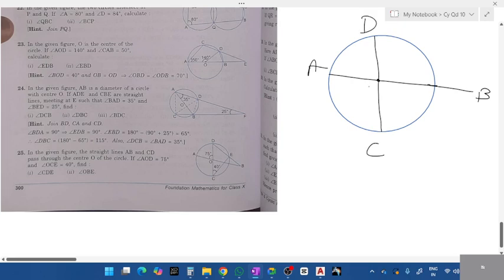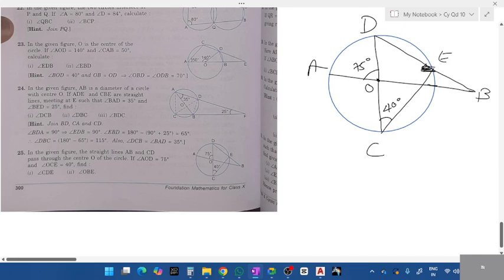If a straight line passes through the center, then what is CD? O is the center, right? If a straight line passes through the center, it's a diameter. Then what will be angle E? What is angle E? 90 degrees.